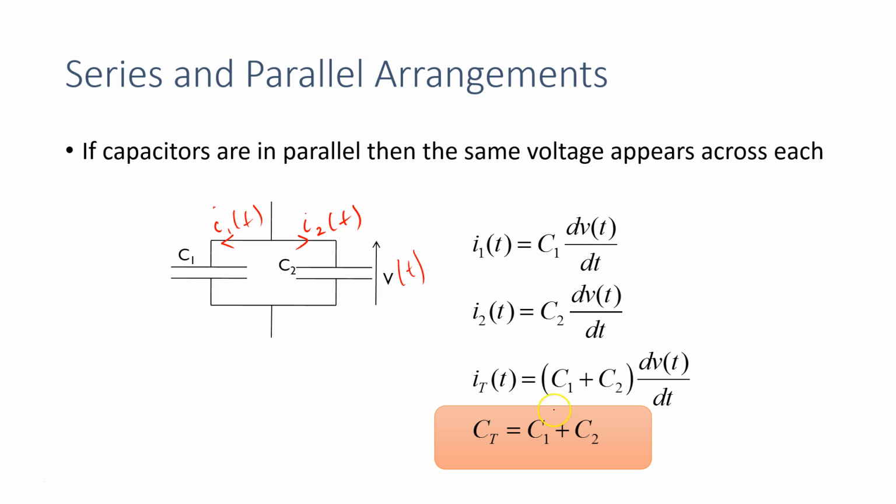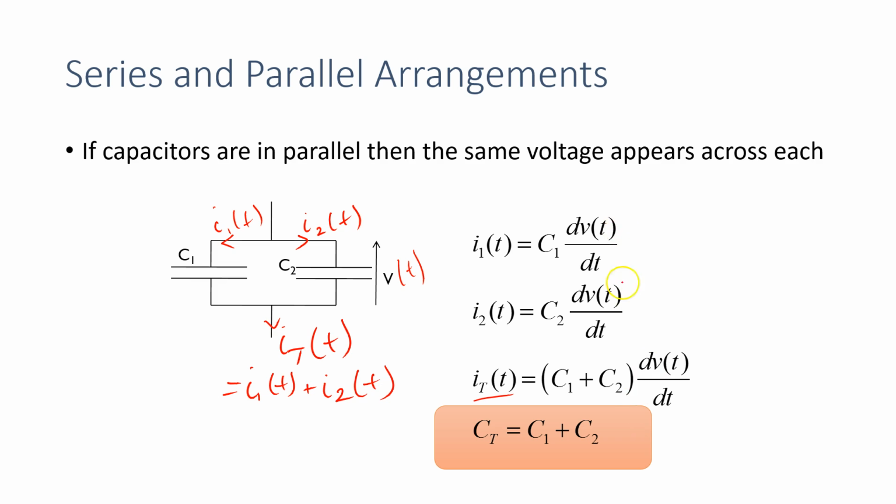So if I wanted to find the total current now, I know that the total current I_T(t) that I have here is simply the sum of I1 and I2. So this is I1(t) plus I2(t).